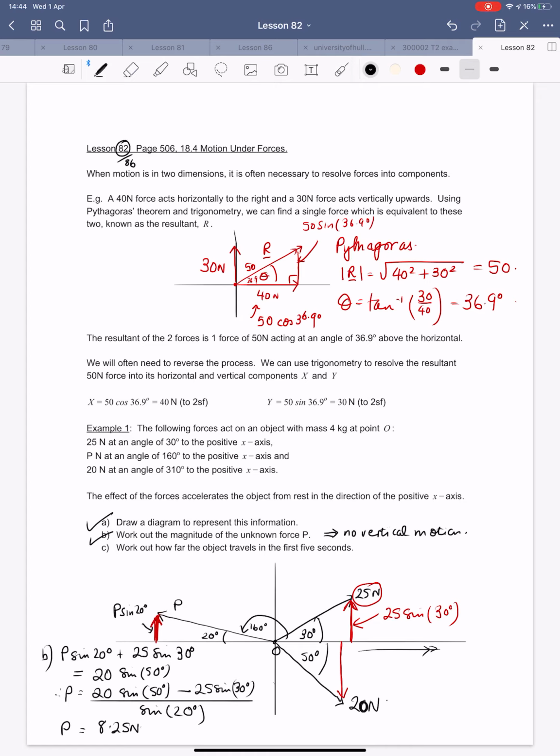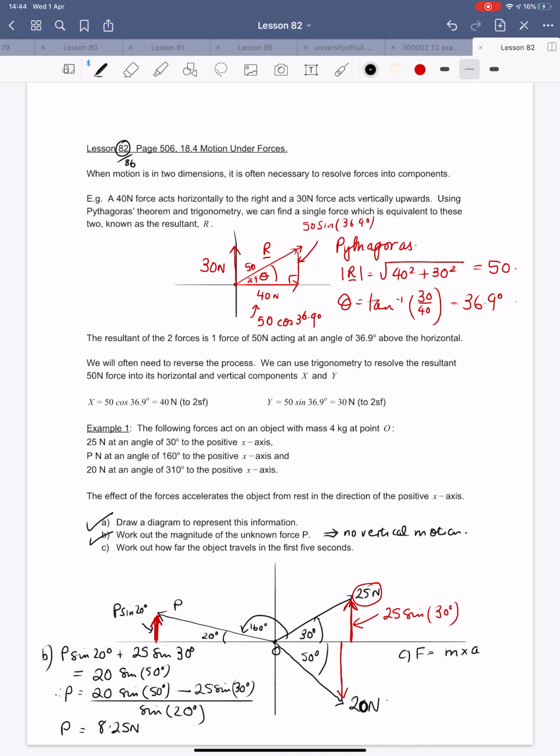Then part C. Work out how far the object travels in the first 5 seconds. So, what you're going to have, I wonder if I've got enough room here. Let's rub some of this out, about that arrow there. Let's try and put C. So the net force is mass times acceleration.